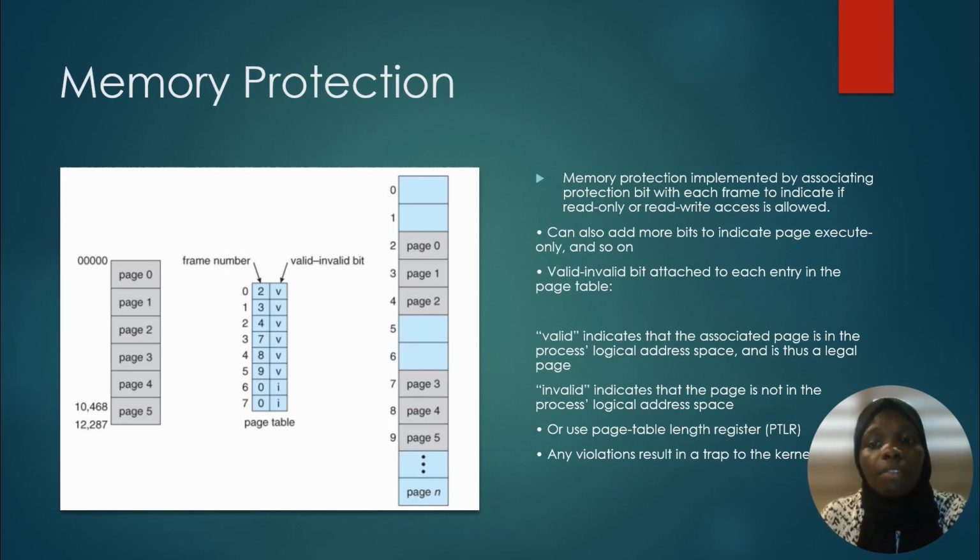Valid indicates that the associated page is in the process's logical address space, and is a legal page. Invalid indicates that the page is not in the process's logical address space. Or you can use the page table length for it. Any violation results in a trap to the kernel.